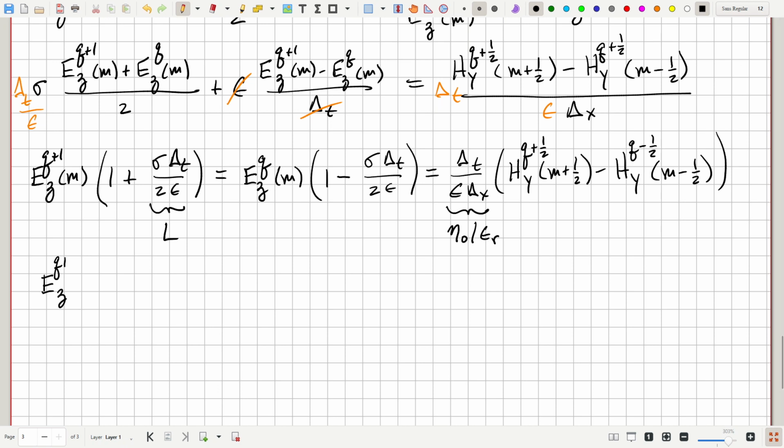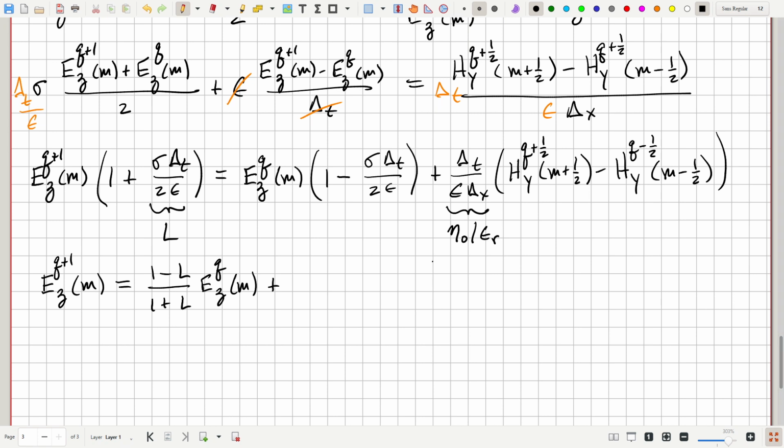EZ at Q plus 1 at M is equal to, well, we're going to have the EZ at Q times 1 minus L over 1 plus L. We're going to divide by this factor here. So we're going to have 1 minus L over 1 plus L times EZ at QM. Oops, this shouldn't have been equal. This should have been plus there. Sorry about that.